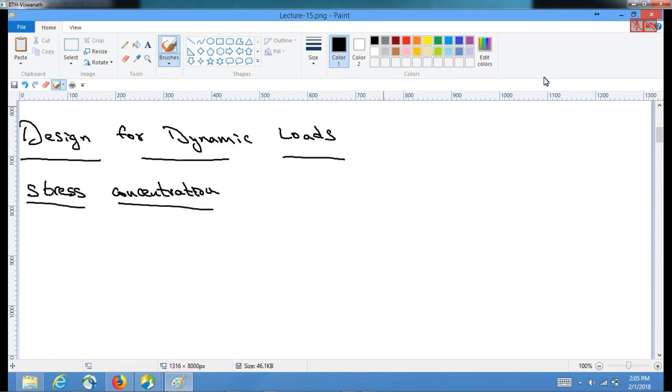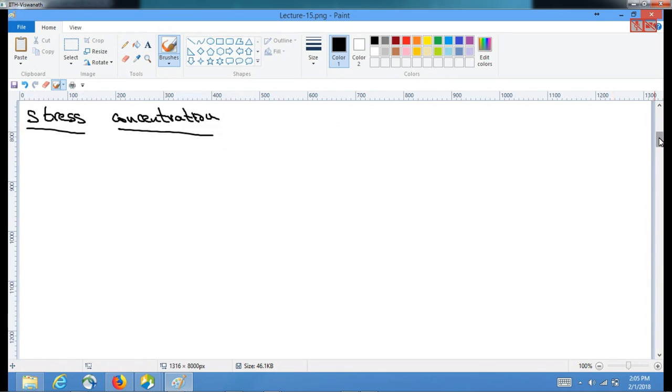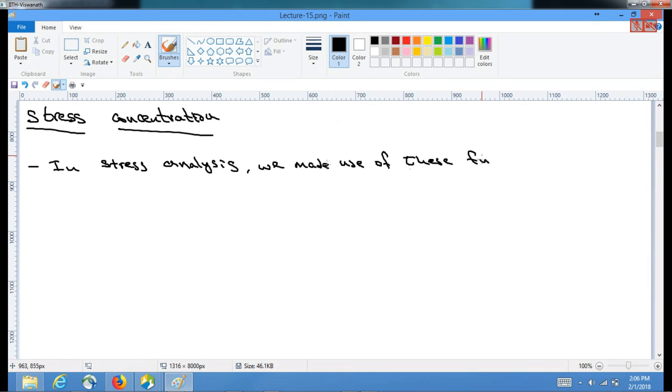So far, when designing, we used a lot of fundamental or elementary equations. Let's review them again. In stress analysis, we made use of these elementary equations.